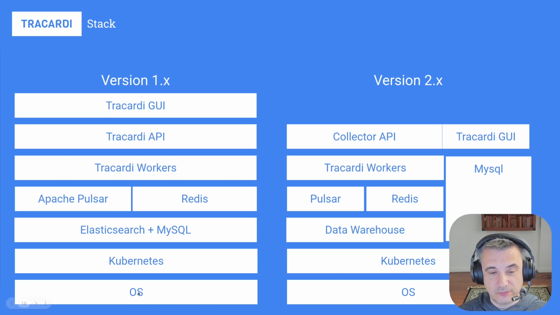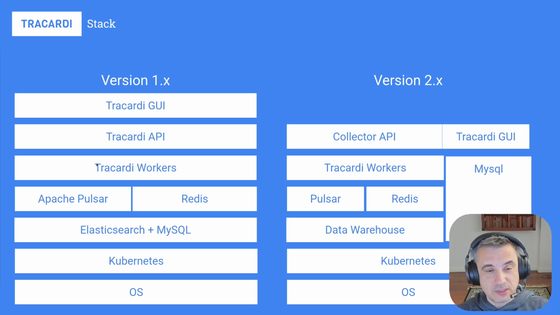Beneath we have the operating system, then we usually install Kubernetes, and then we have Elasticsearch plus MySQL. Elasticsearch keeps the big data and MySQL keeps the metadata of the system. And then we have running in parallel Apache Pulsar, which is a queue, and Redis.